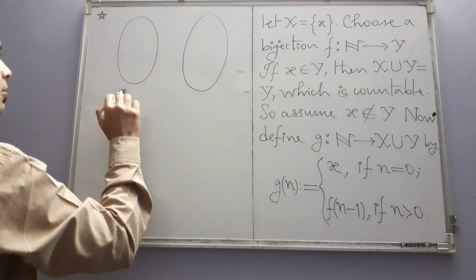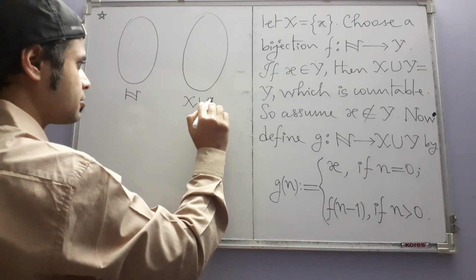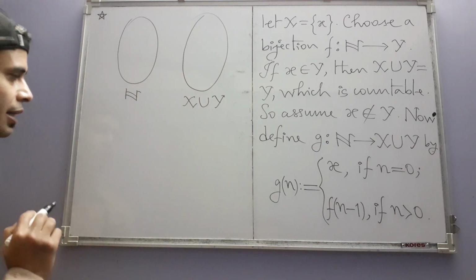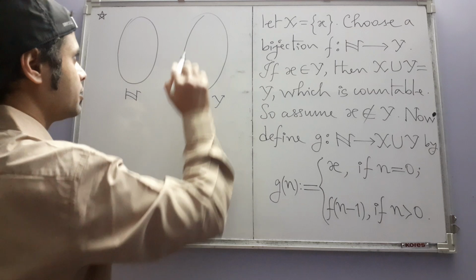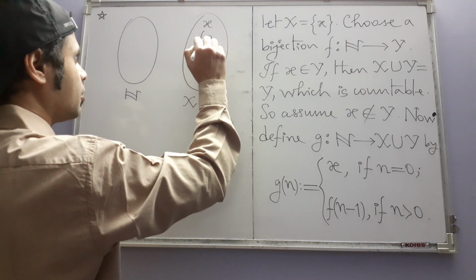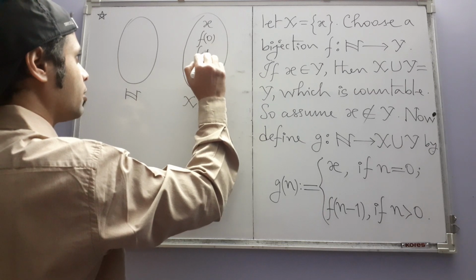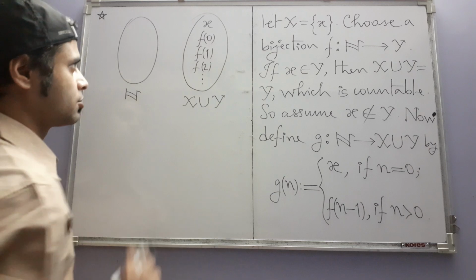This is our N, the set of natural numbers, and this is X union Y. So what we are doing is that we are listing the elements of X union Y like this: x, f of 0, f of 1, f of 2 and so on.